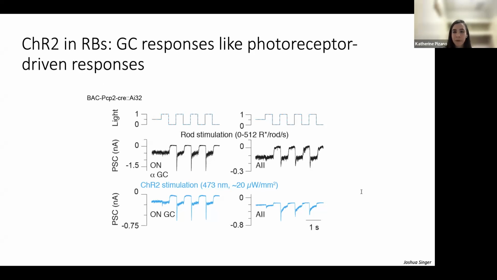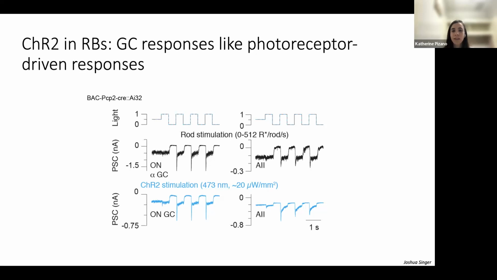Now, traditionally, our lab has used retinal slice preparation in a lot of our studies, and as optogenetic manipulation slowly became more common in the field, we wanted to repeat these experiments to look at how signal transmission changes by stimulating cell types directly. So we could then use this PCP2 Cre AI32 animal to stimulate these rod bipolar cells directly with this channelrhodopsin while blocking photoreceptors.